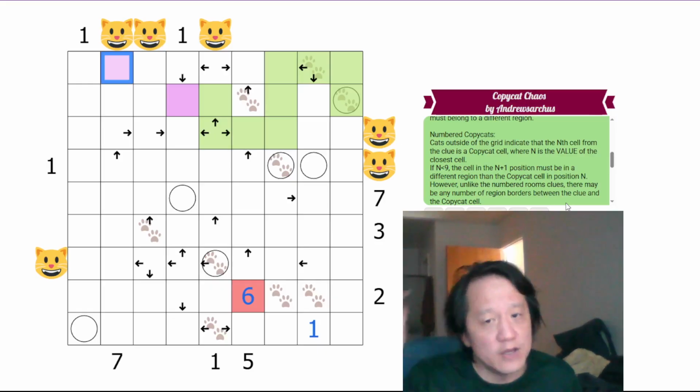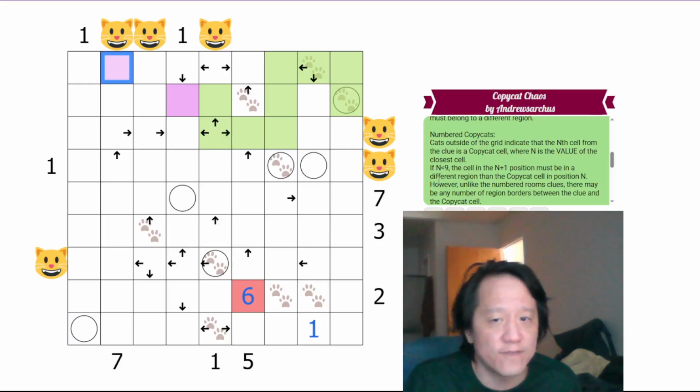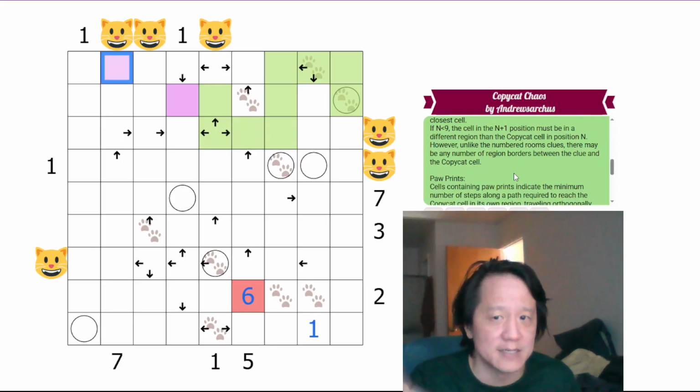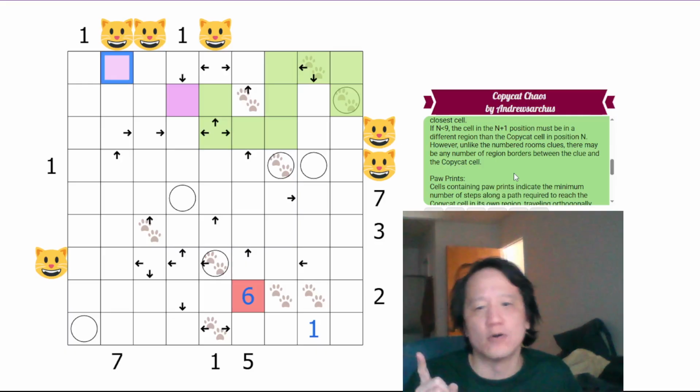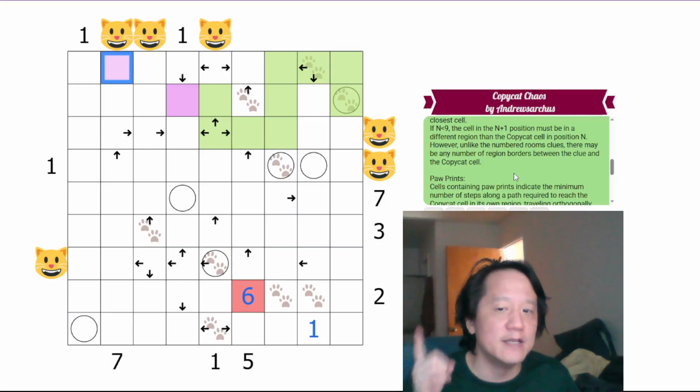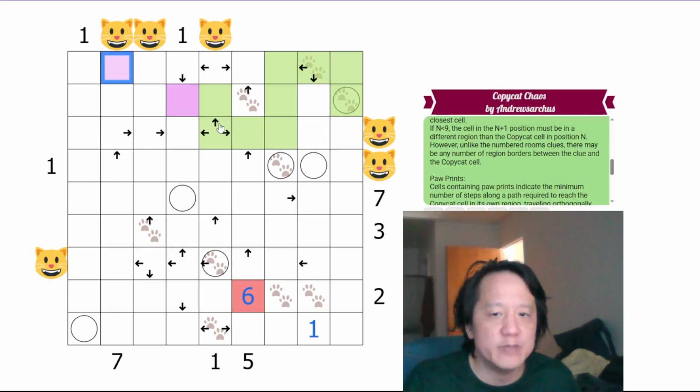Also, if n is less than 9, the cell in the n plus first position must be in a different region than the copycat cell in position n. However, unlike the numbered rooms clues, there may be any number of region borders between the clue and the copycat cell.